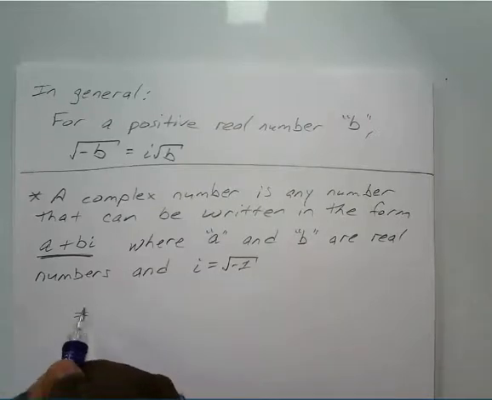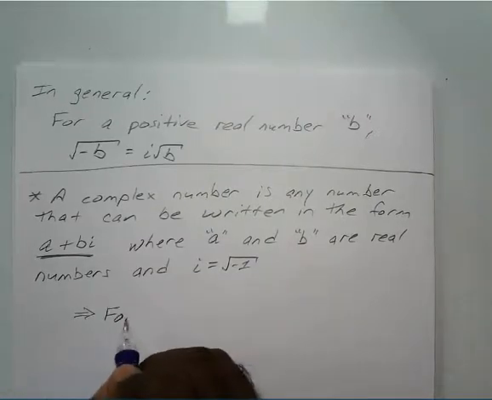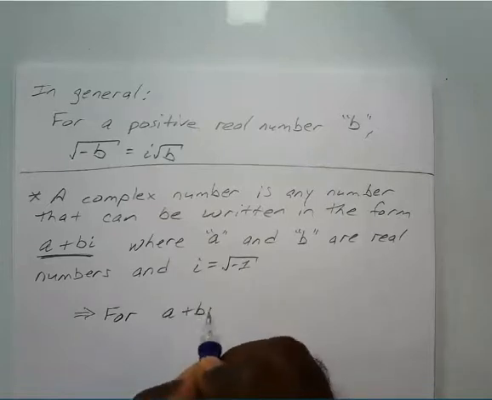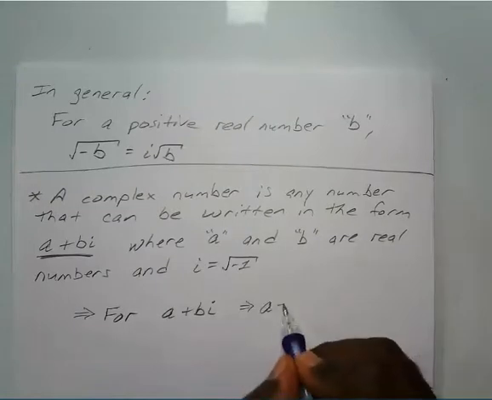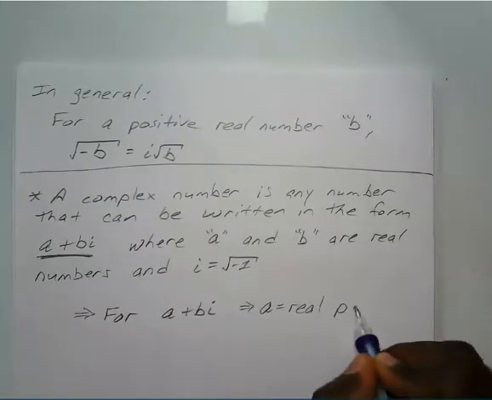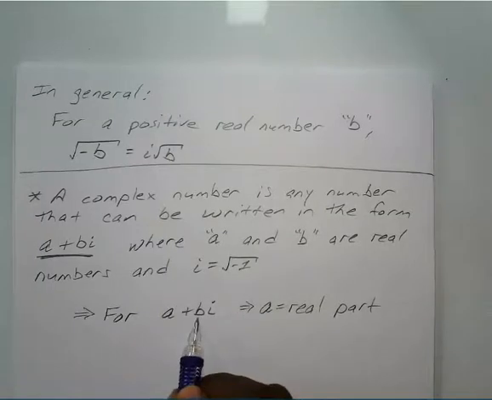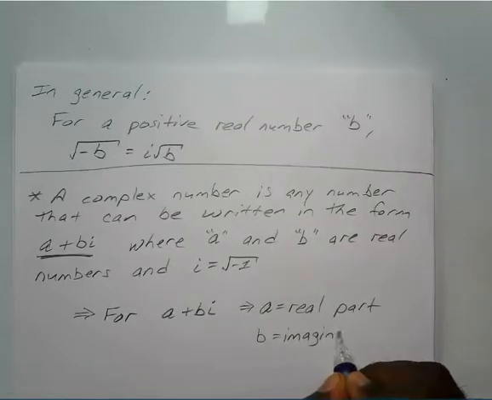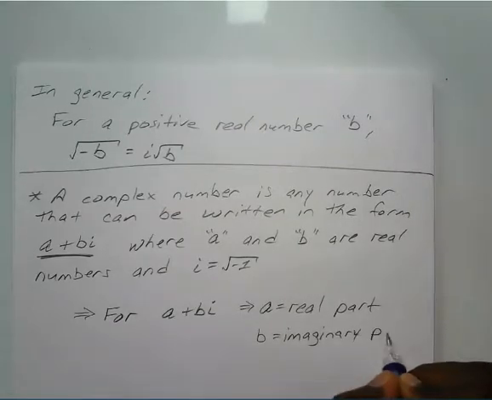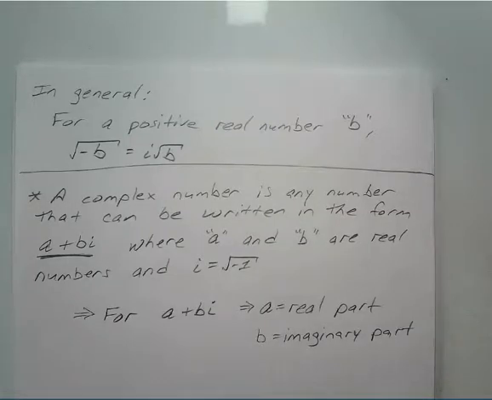Okay, now to kind of break that down a little bit more, for a plus bi, they say the number a equals the real part, and they say the number b represents the imaginary part. Alright, so let's go to a couple of examples.